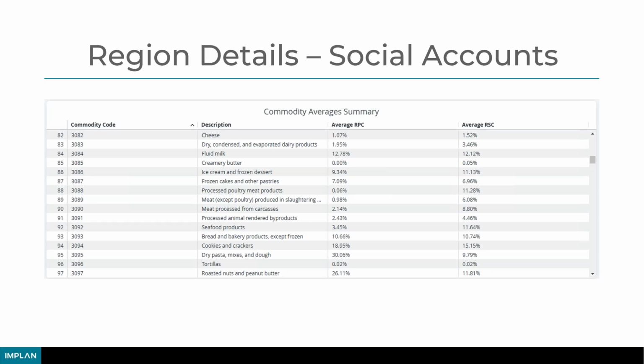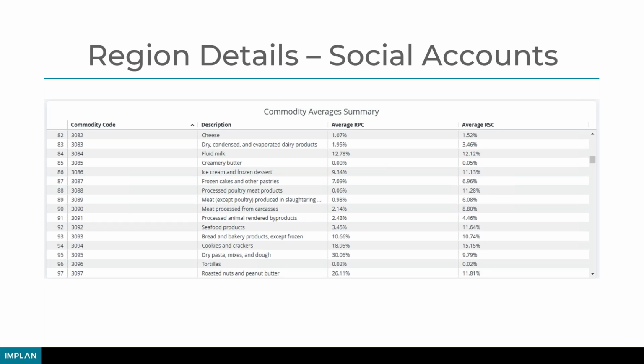So we have a regional purchase coefficient, and then a regional supply coefficient is the proportion of local supply of the commodity that goes to meet local demand. So in other words, we're getting some context as to how much of a particular product is likely sourced locally, and how much of a local product is likely sold locally as well.